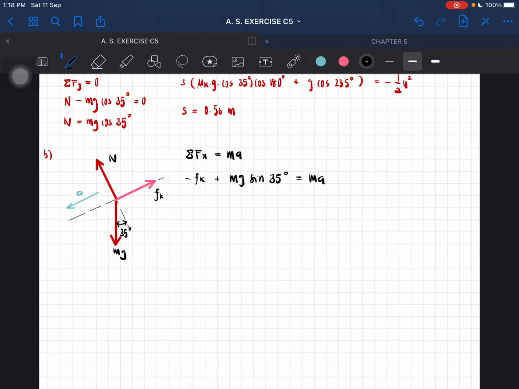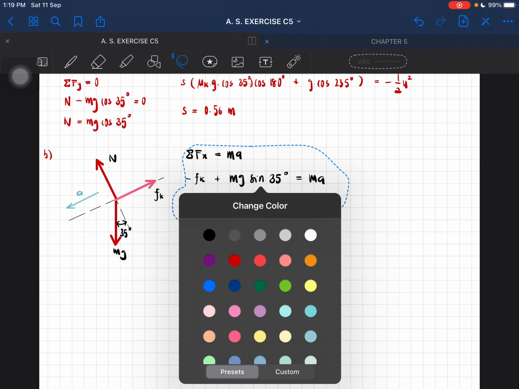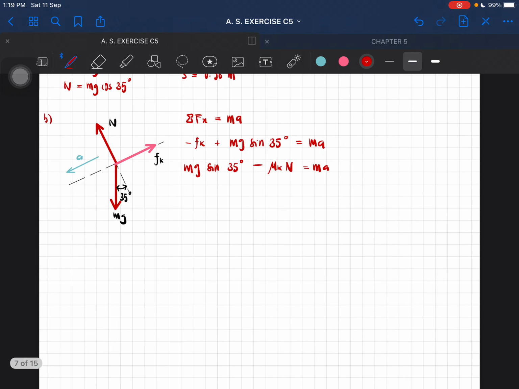Okay, so I'm going to rearrange so that mg sine 35 degree is positive in front, minus mu k n equal to ma. Wait, I don't want to use black. Let me change this to red. Okay, so now we have to find the value of n. We actually know what n is, which is n minus mg cos 35 degree equal to 0.